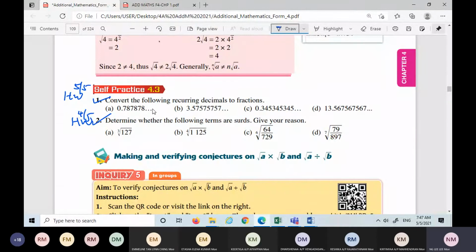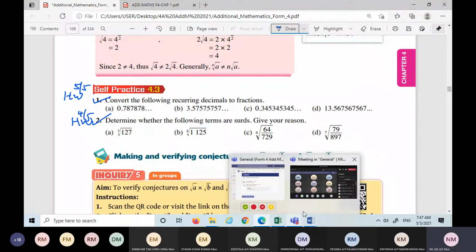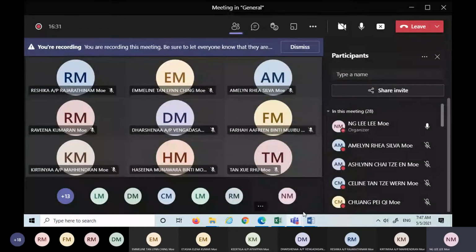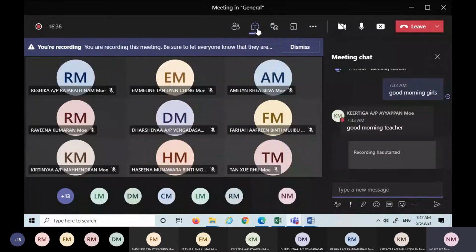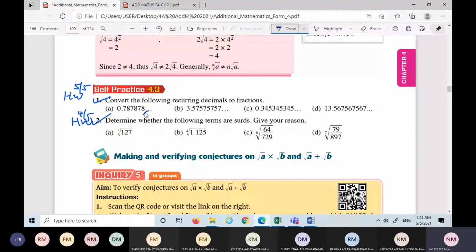Tell me what is the suitable integer to multiply with? 100, teacher. Yeah, 100. So this one you have to times 100. And then the next question.